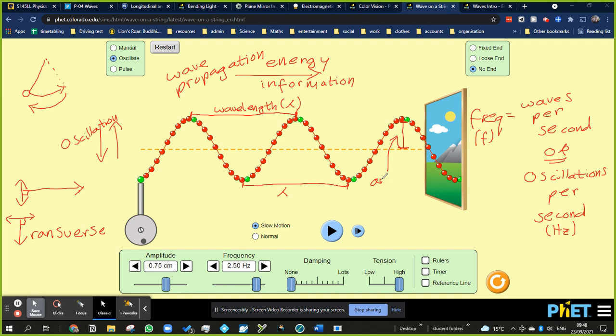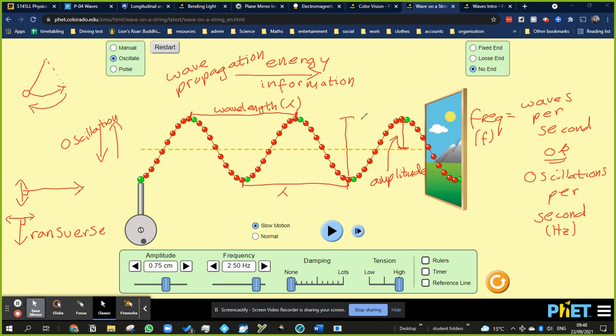The reason we do it from the middle point is because we want to know how much it has moved from where it would be if there was no wave. If there was no wave, it would be along this dotted line here, just sitting still. But because there's a wave, it's moved up and it's also moved down. So don't measure it from the bottom to the top.